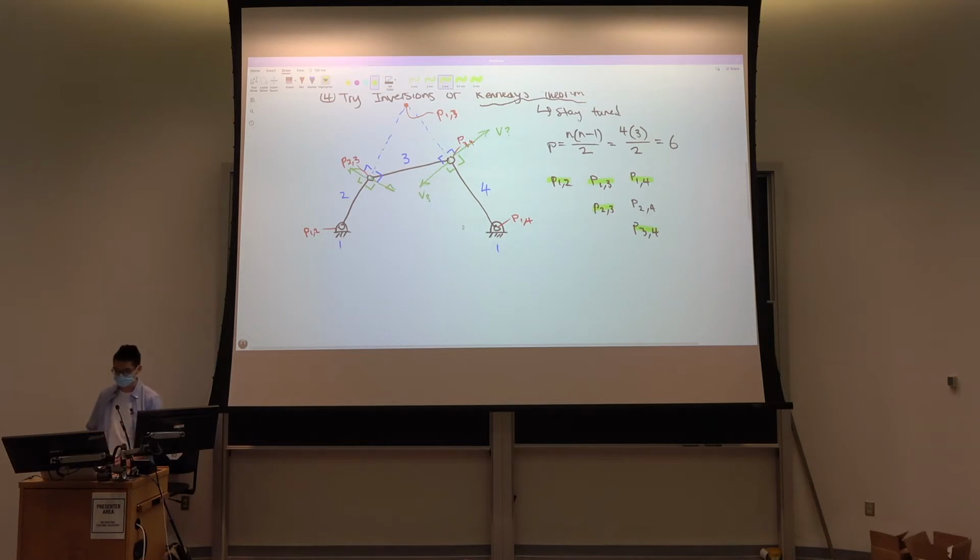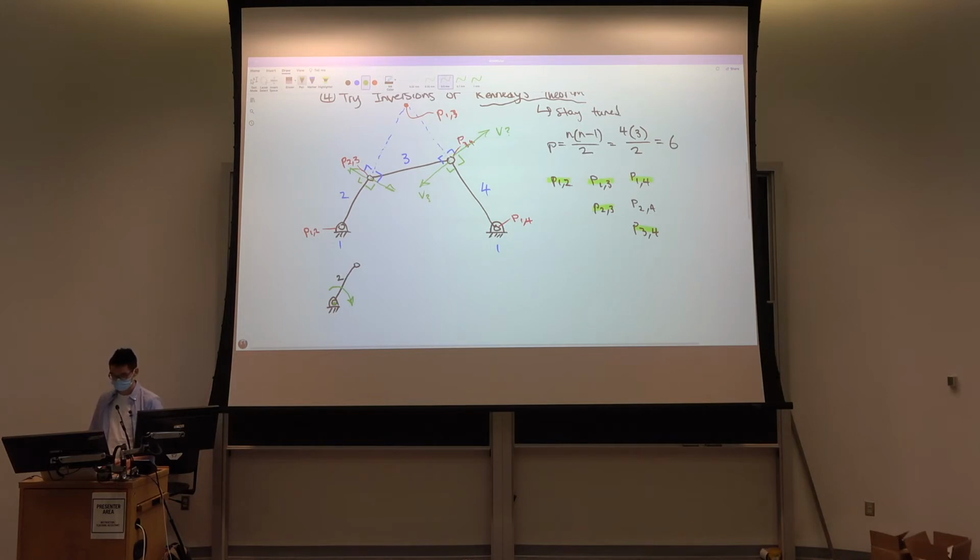Okay, yeah, so the question is about how do I know the direction of these green velocity vectors, is that right? Yeah. So let's look at link 2. I'll just draw link 2 sort of in isolation here. So this is link 2. So we know that link 2 has to be rotating about this base point here, right?